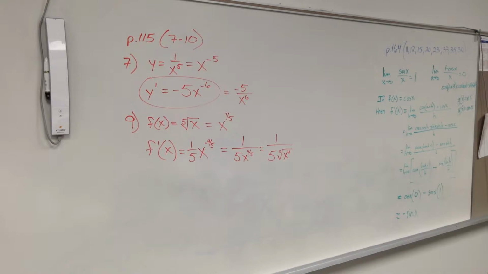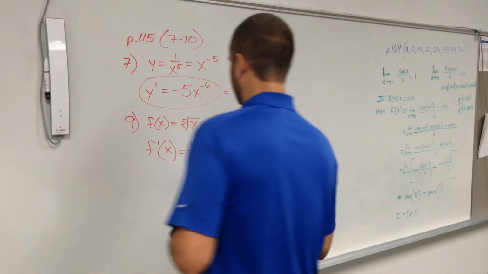Let me jump to number 28. Y equals pi over the quantity 3x squared.